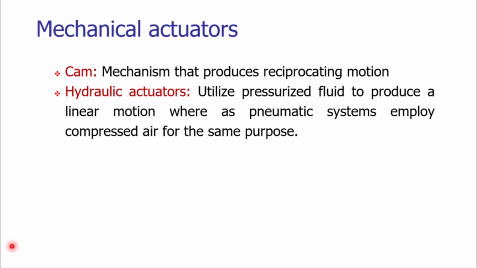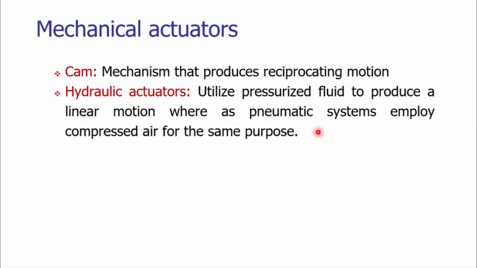We may also have the cam mechanism. Basically, the cam is used to produce oscillatory motion or reciprocating motion by converting the rotary motion which is coming from the electric motors. A hydraulic actuator is also considered a mechanical actuator in which we are using pressurized fluid to produce the linear motion.